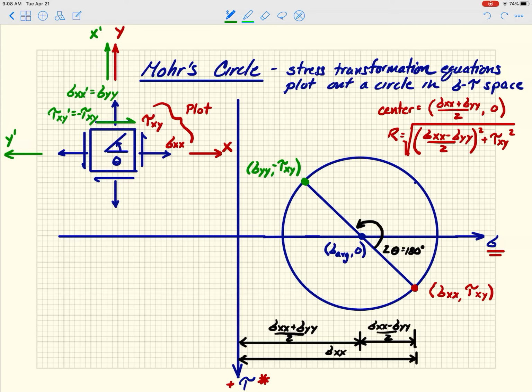So that is our Mohr circle, and this dimension here, how do I want to do it? I guess I'll just do it like this. In blue. So this is the radius, and that is now 2 theta.